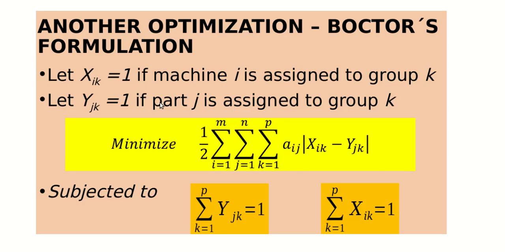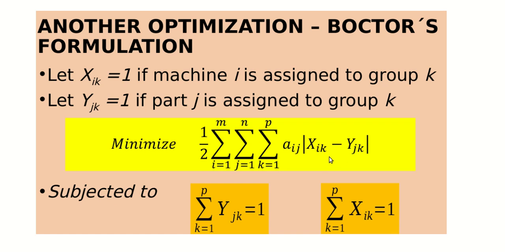So when can I have an intercell move? The moment that a part visits a machine, then I can have an intercell move. Maybe yes, maybe not. If machine and part belong to different groups, then I have an intercell move.